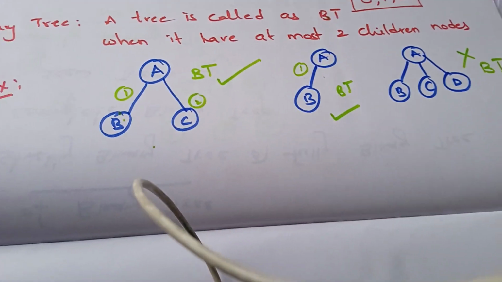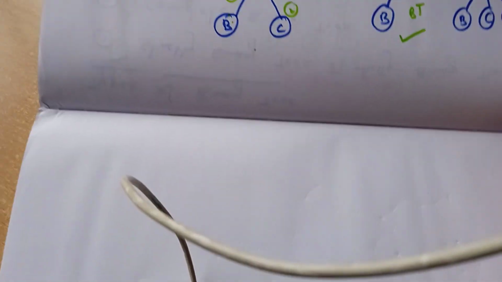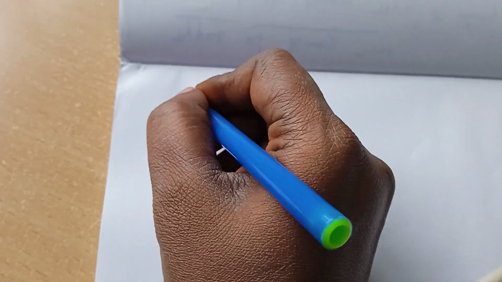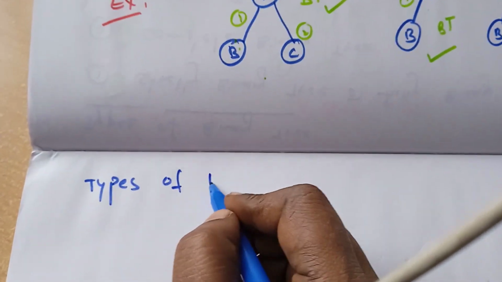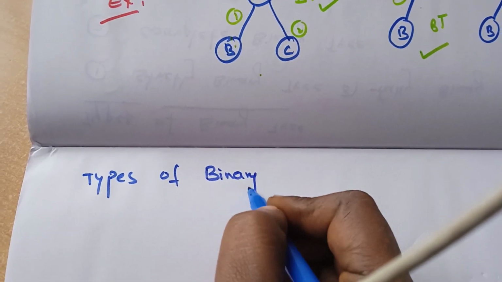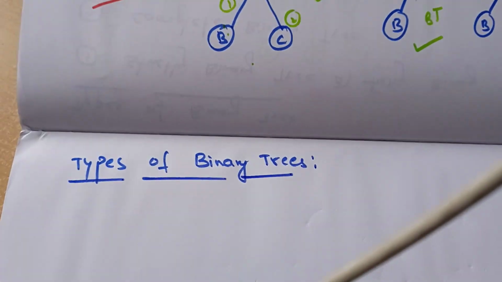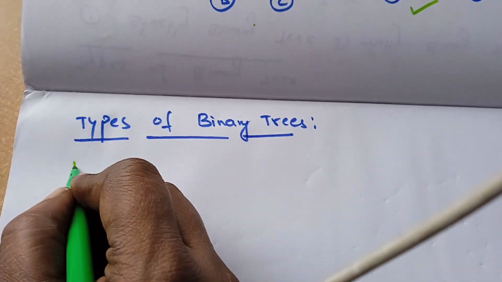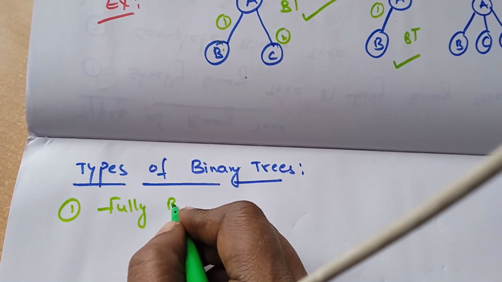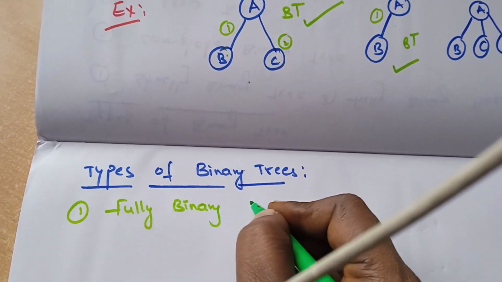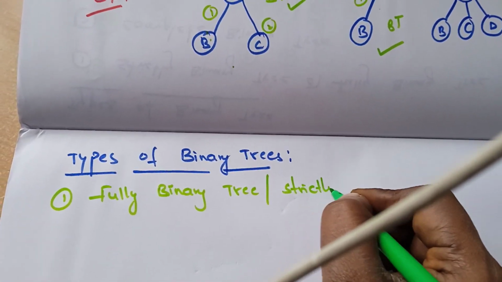Okay? Right. Now, let's look into types of binary trees. The first is fully binary tree, or strictly binary tree.